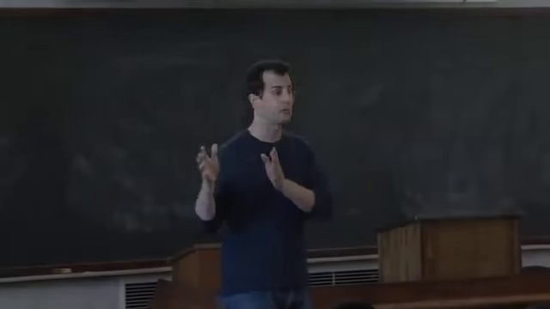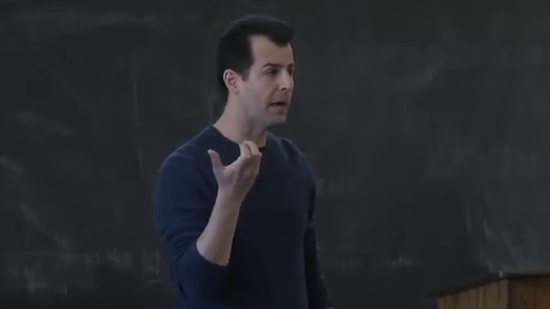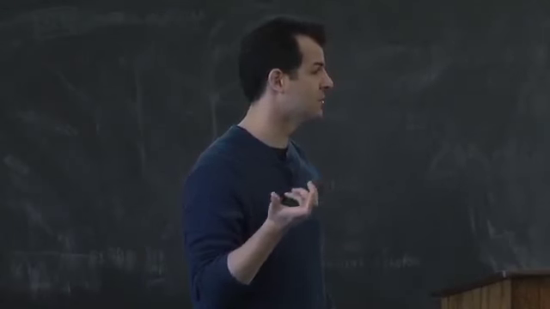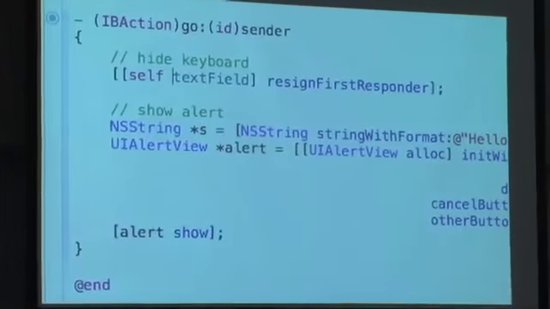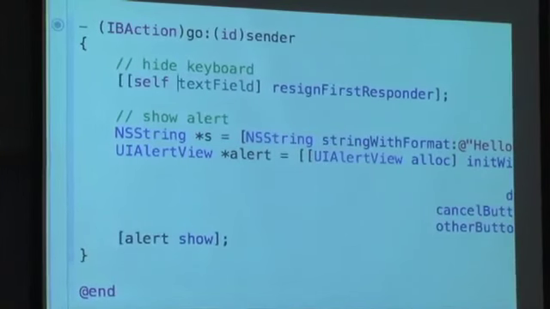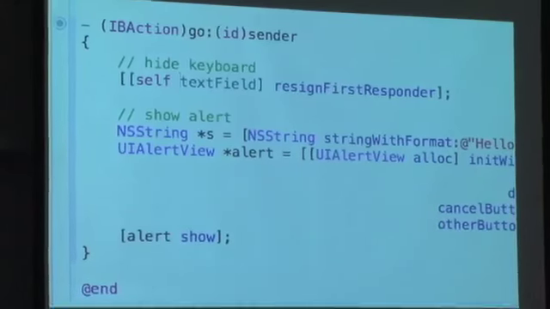So self passes the message textField, and assuming there is indeed a getter that exists called textField, what will I get back? I'll get back a pointer to the text field. And why then do we not just write it like this all over the place? It's just ugly, right? I mean, there's that. And by using properties, we also get a very compelling feature from the synthesize keyword, which is what?